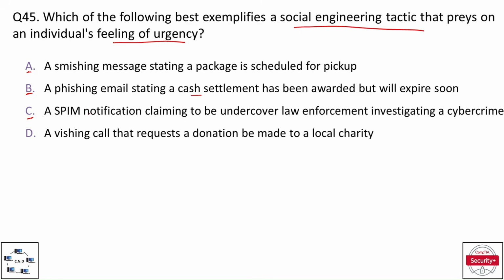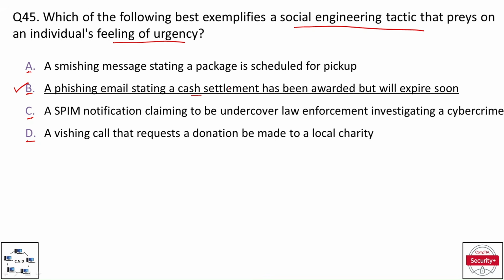Option C, a spam notification claiming to be undercover law enforcement investigating cybercrime. And option D, a phishing call that requests a donation to be made to a local charity. And the correct option is option B, a phishing email stating a case settlement has been awarded but will expire soon.